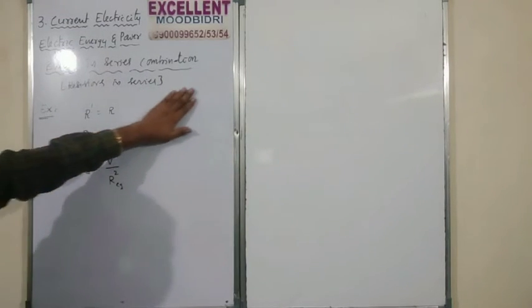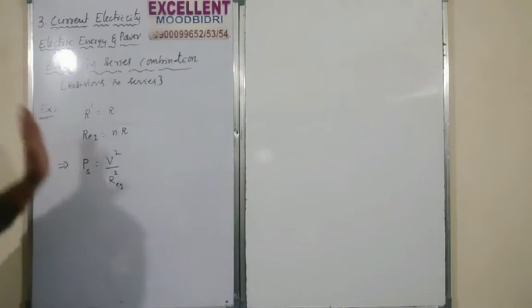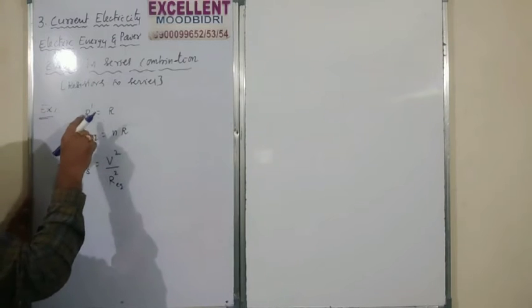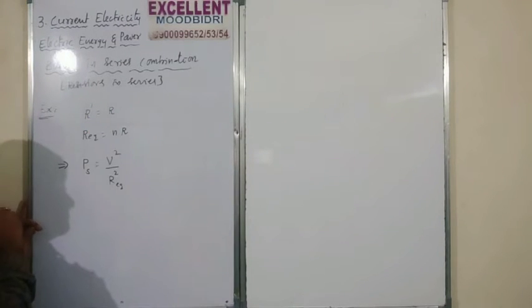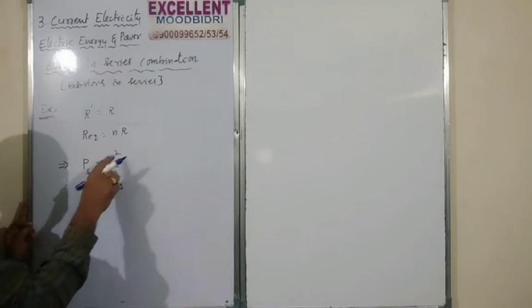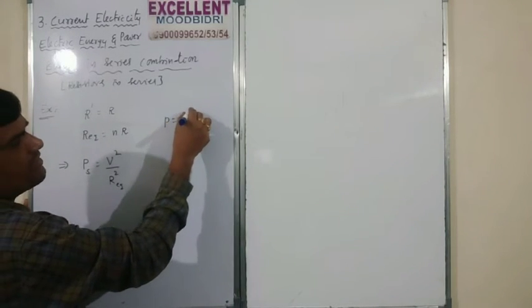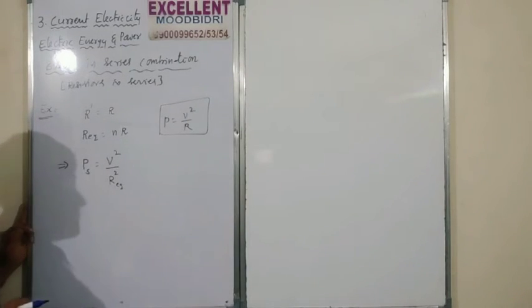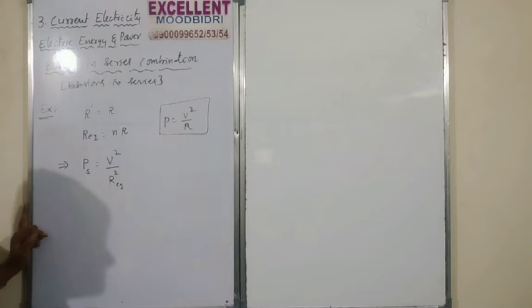Because N bulbs are there, each bulb resistance is equal to R, connected in series combination. Therefore, power is given by the formula V square by R. This is the general formula we use for series as well as parallel.